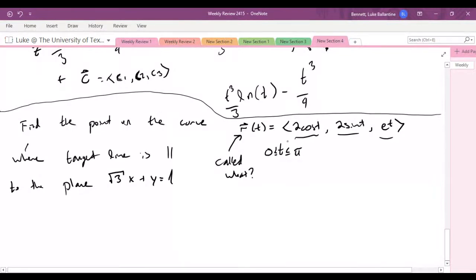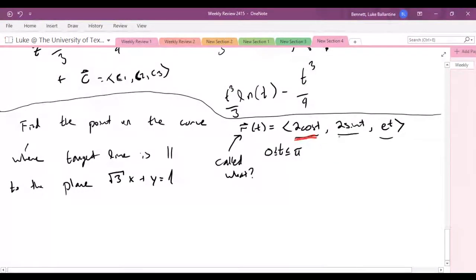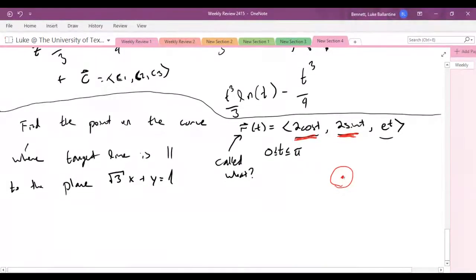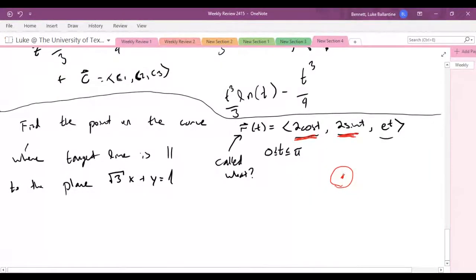Well, it's kind of a helix, right? We got the circular motion going along in the x and y. So we're going to be contained on a circle around the z-axis. Yeah, it's a helix, right? But so it is contained on a cylinder for sure. It's contained on the cylinder with radius 2.